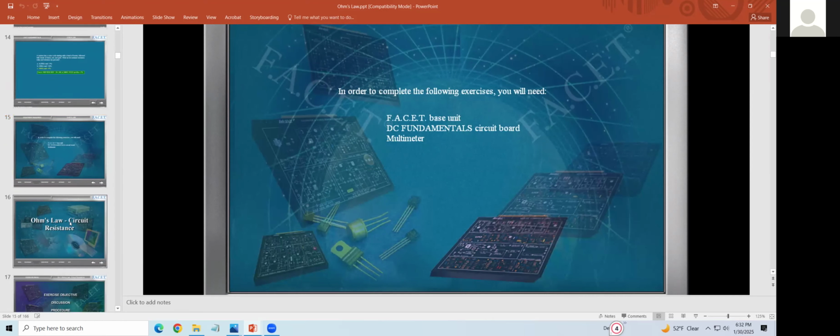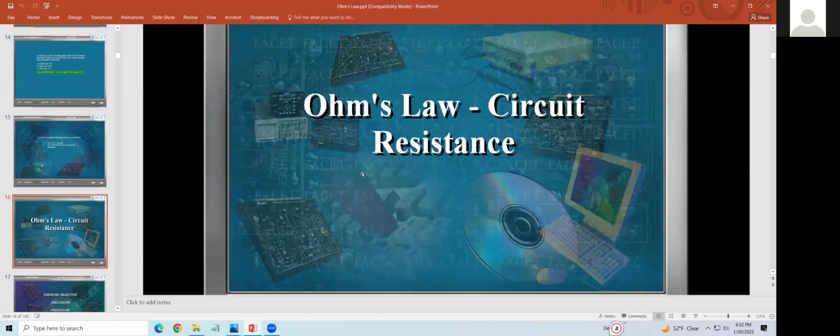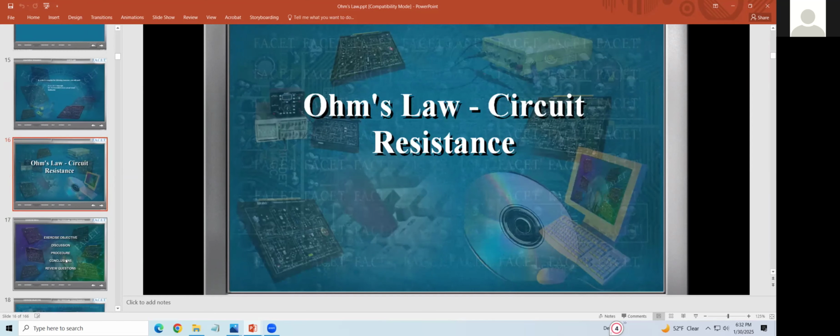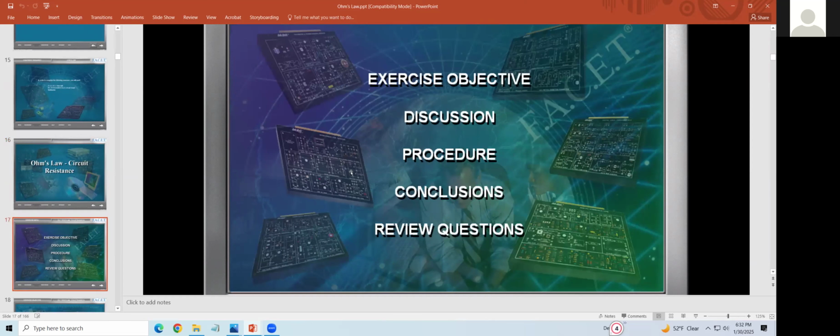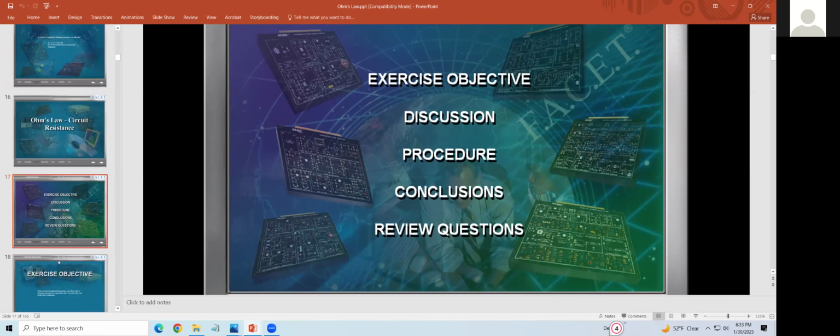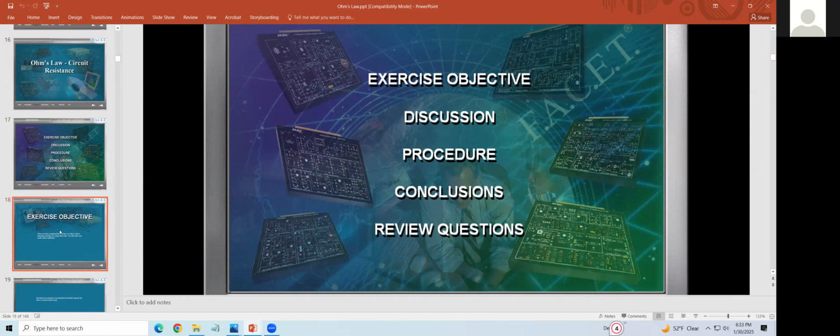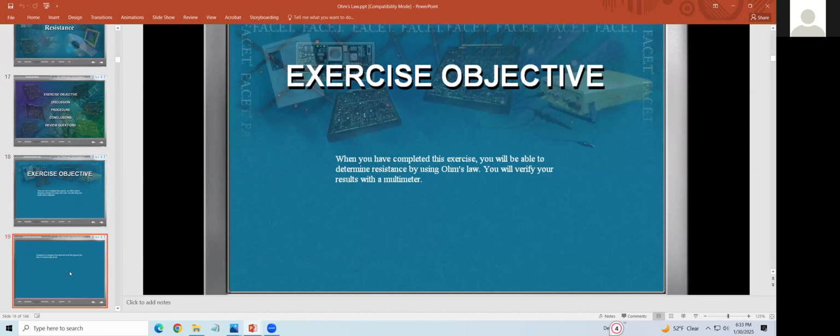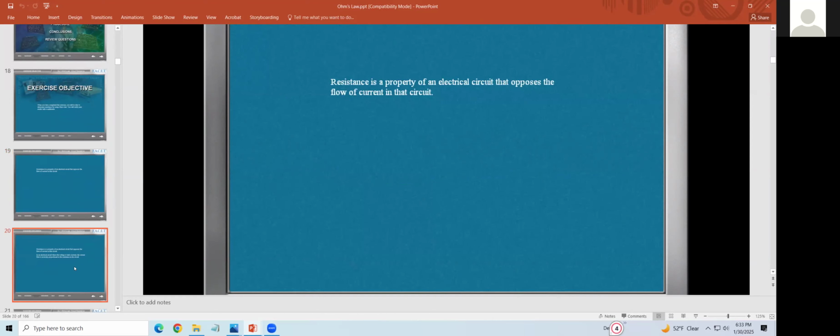Now, Ohm's law circuit. We have to make sure to click on procedure. We don't care about discussion or anything else. You think it's a lot of theory.